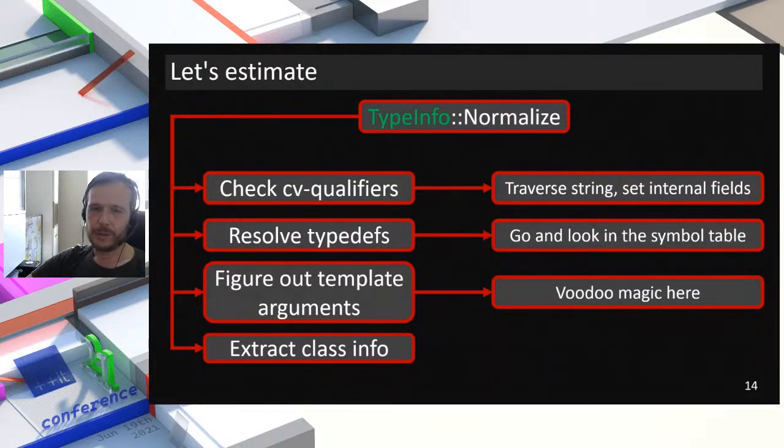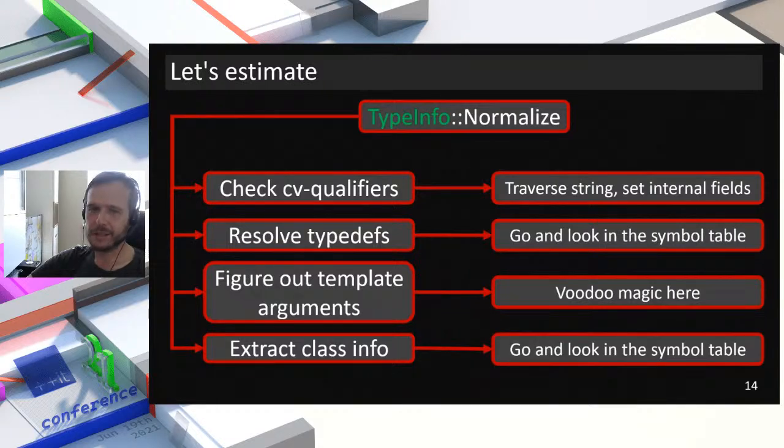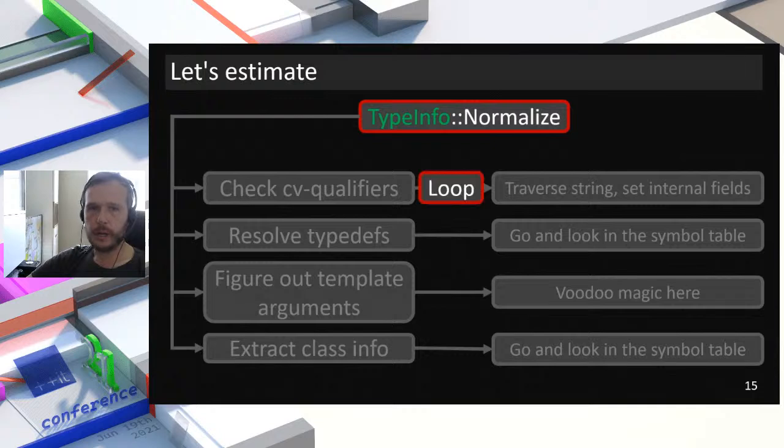So we don't want to deal with them in encodings. And this class info thing, it goes to a symbol table and fetches the information you want. Okay, so this is clearly a loop. This one is, well, kind of, it should be something really fast right now. Well, not really. It often leads to recursion because it may have to recurse here to normalize again.